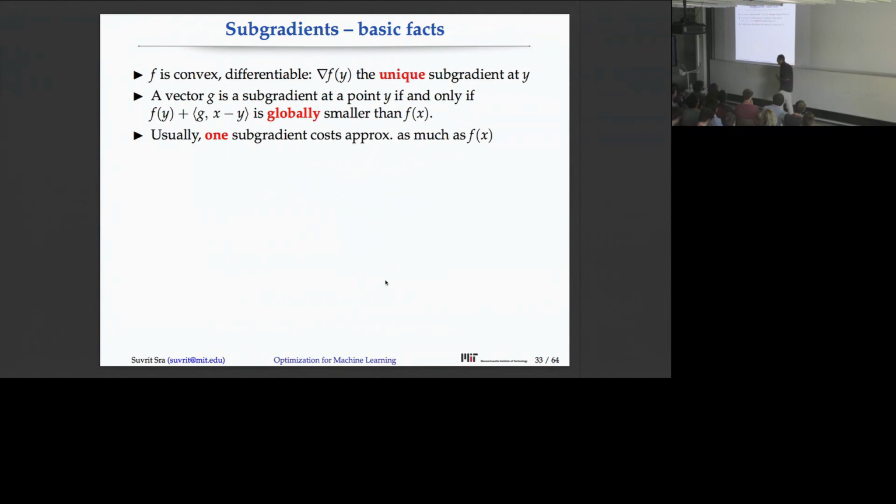Some simple facts about subgradients. Bottom line message: subgradients are easy. You can easily construct subgradients. Something that had better be true: if f is differentiable, then the gradient had better be the only subgradient.